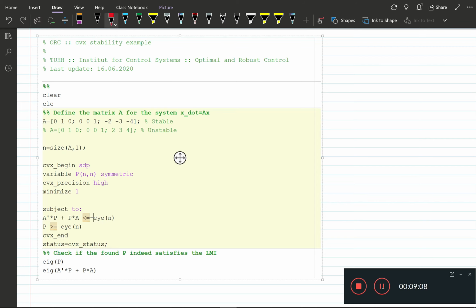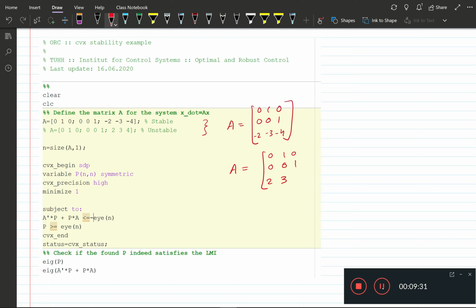We define two example matrices A, which are this one and another one, and we first find the size of A, and then here begins the CVX part.